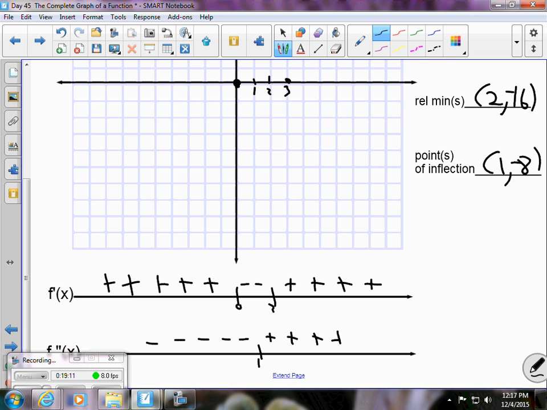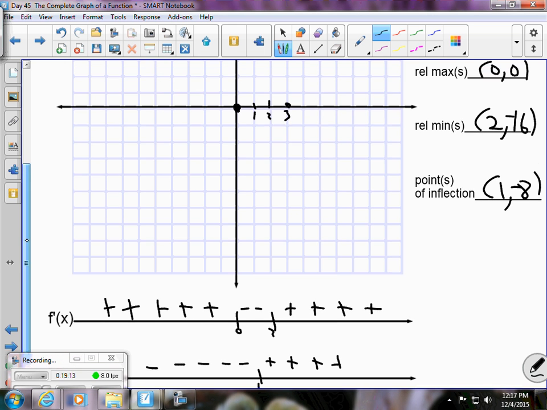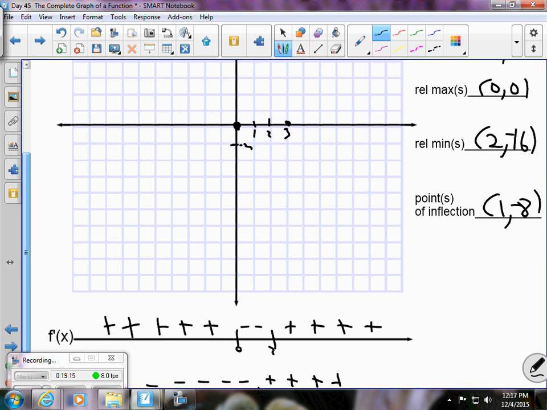So I'm just going to make every box 2. So this will be negative 2, negative 4, 6, 8, 10, 12, 14, 16. It's okay if you have different numbers of boxes representing different lengths, as long as you're clear about it. So we have (2, -16). I've got to plot the point (1, -8).